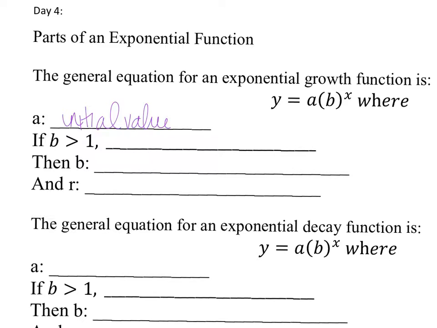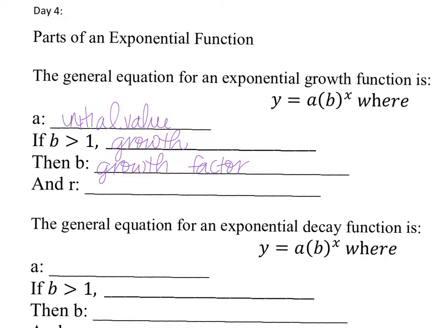If b is greater than 1, then that shows growth in our graph. Our graph will be an exponential growth, and b is what you call the growth factor. Factor is different than rate. B is just the growth factor.